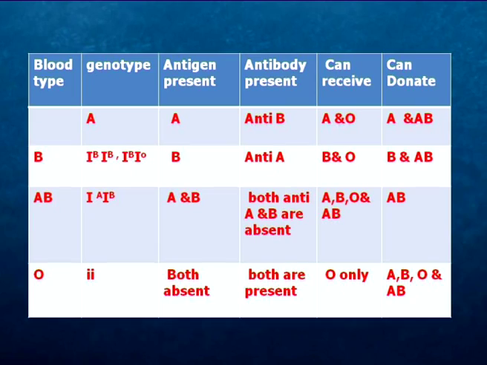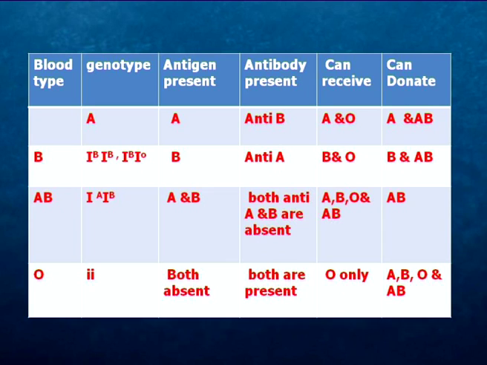Next, here the antigen is A. Now the antibody is anti-B antibody. Now from whom can he receive blood? He can receive blood from his own group A and the universal donor O group.